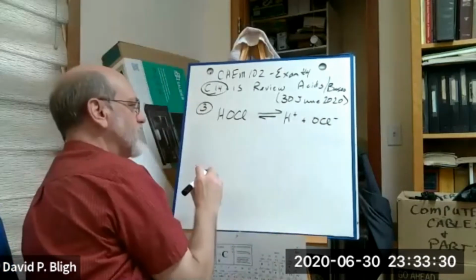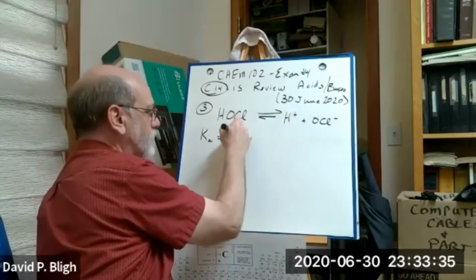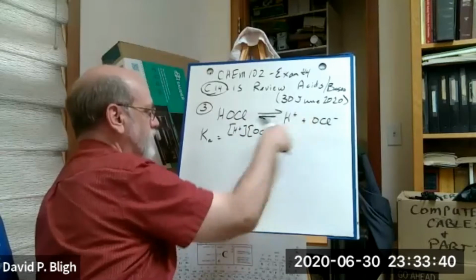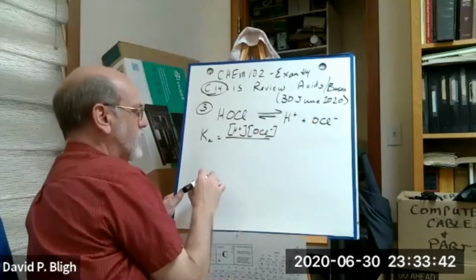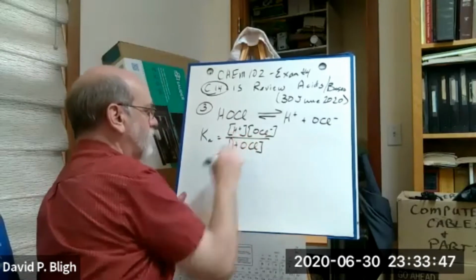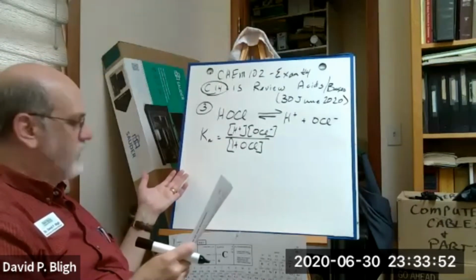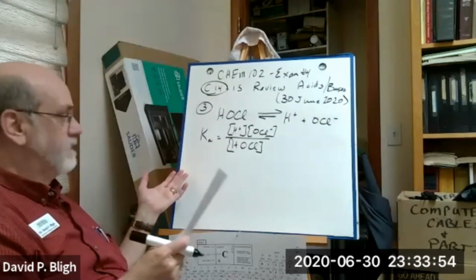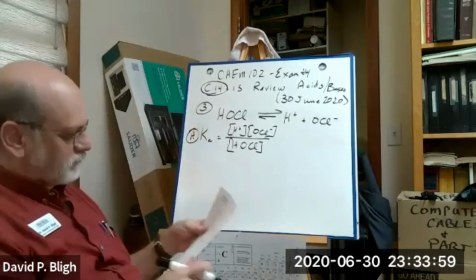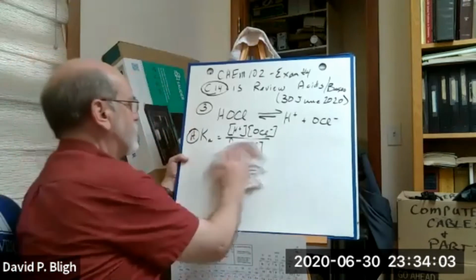Right? So the acid dissociation constant is this one, just like all our equilibrium expressions. Now all you have to do is look down here and find the one that matches. And it looks like A. A matches. That's number 3.